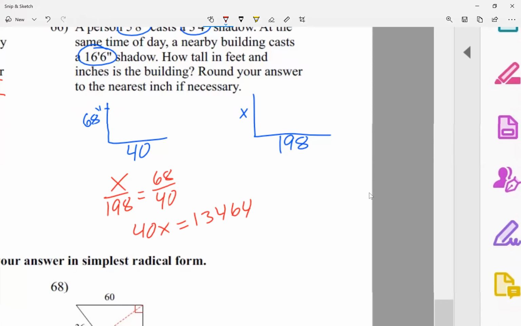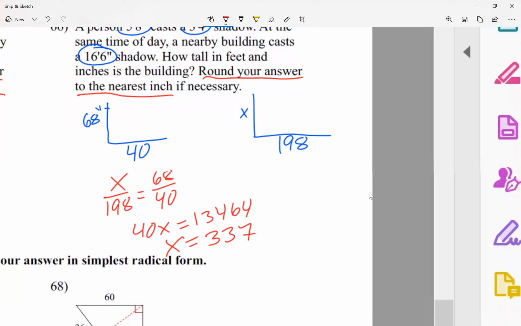Then I divide both sides by 40, and I get that x is equal to 337 inches. My calculator really gave me 336.6. I rounded to the nearest whole inch, right? The problem says round your answer to the nearest inch, so I rounded this to 337 inches.